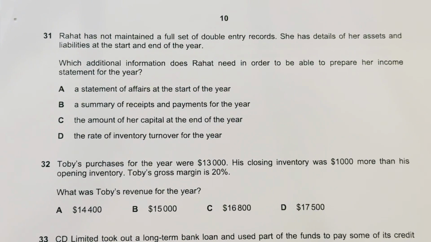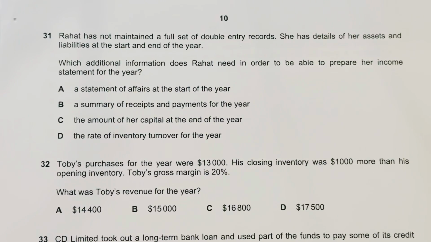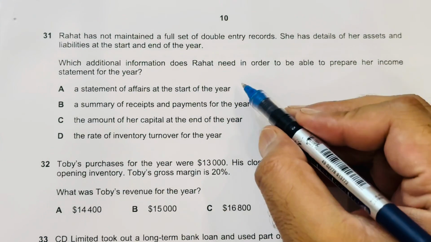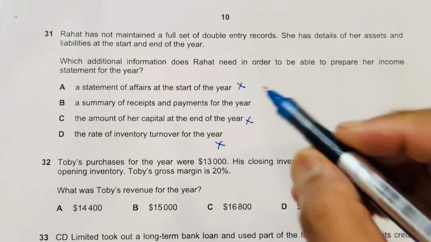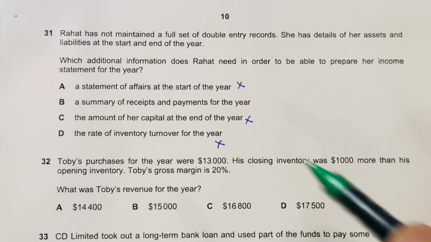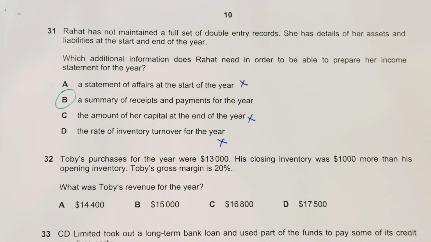Which additional information does Rahat need in order to prepare her income statement for the year? Income statement needs the receipts and payments and the bank statement. So it does not need a statement of affairs, the amount of her capital, or the rate of inventory. So options A, C and D are wrong. Only the bank statement and summary of receipts and payments are required. So option number B is the correct option here.